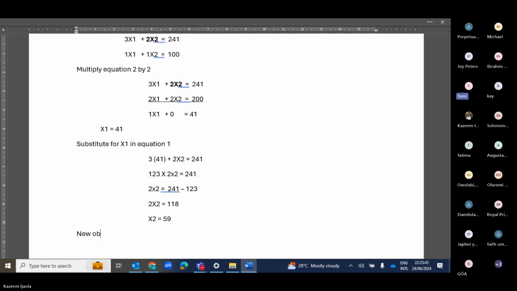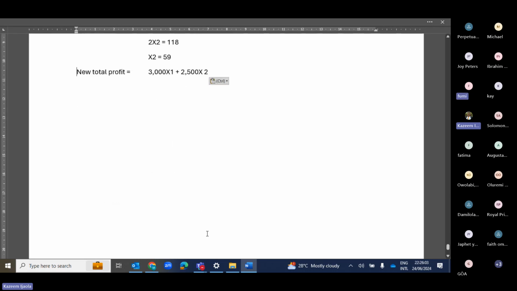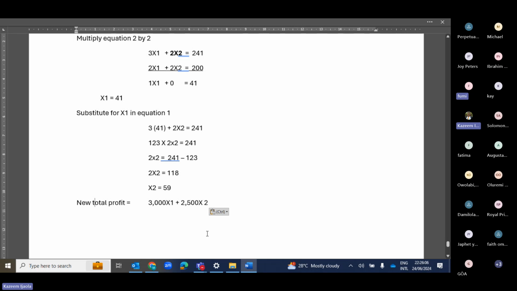The new total profit is equal to 3,000 times x1, which is 41, plus 25 times 59.